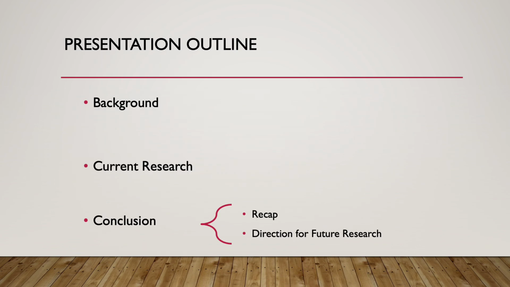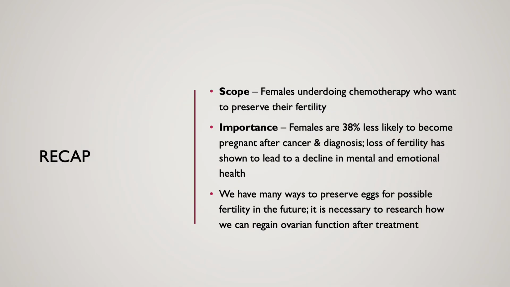Lastly, I'll spend some time recapping the key takeaways from this presentation so far and briefly touch upon future research. I wanted to recap highlights of my presentation so far. First, the scope of the research in this presentation focused on females undergoing chemotherapy who might want options when it comes to their infertility after treatment, specifically in restoring the function of their ovaries.